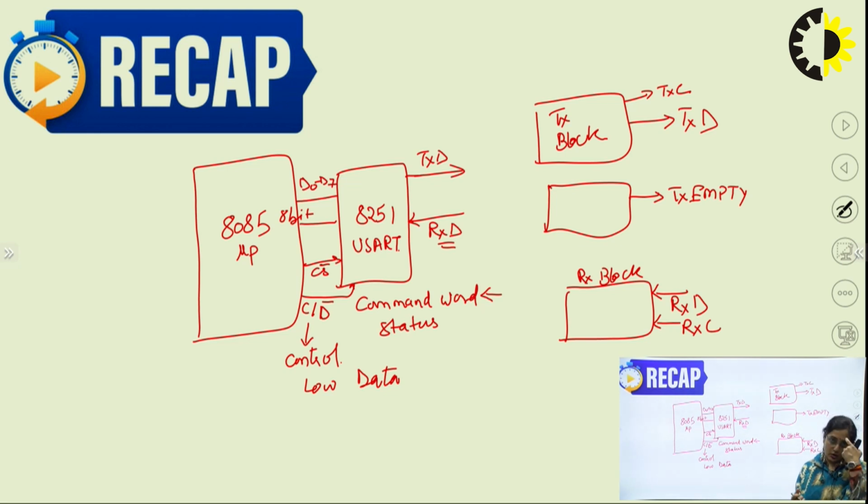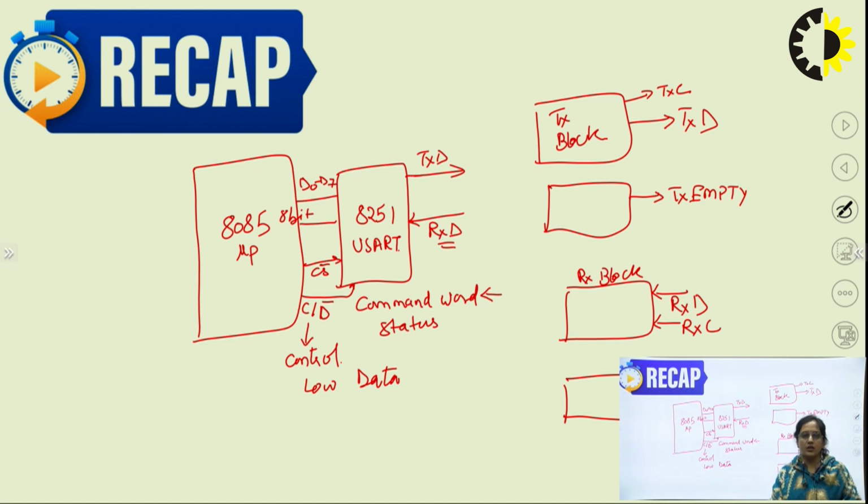Once the 8-bit data is received by the receiver block, a signal is generated indicating that the receiver is ready with the data. The microprocessor has to send a signal and read this data. Once the microprocessor reads the data, this block will be empty and the next data is ready for receiving. In this way USART works, and 8085 will communicate serially over a long distance.